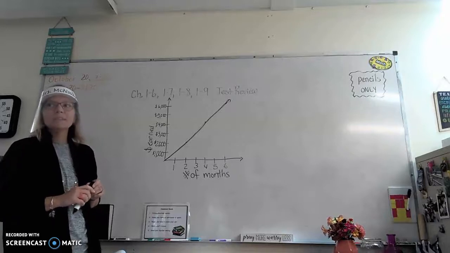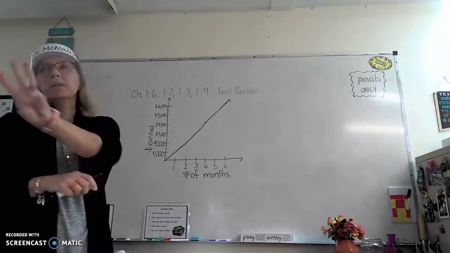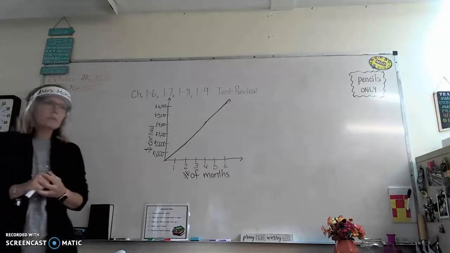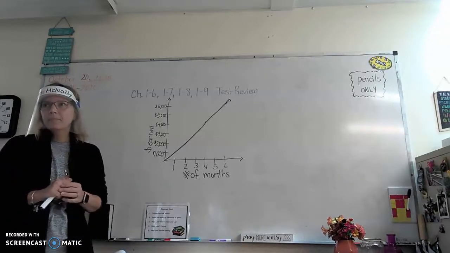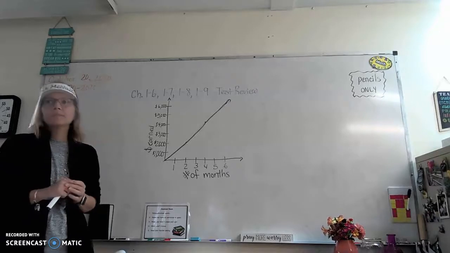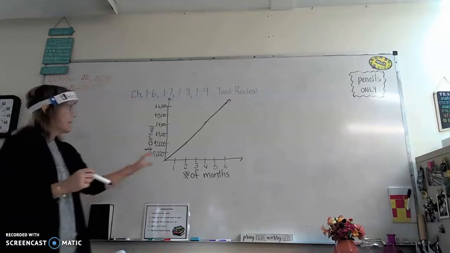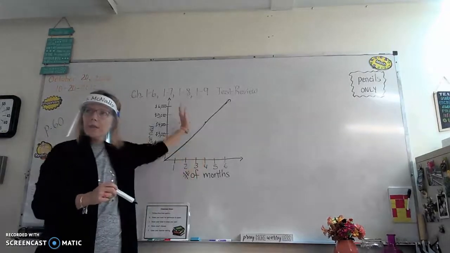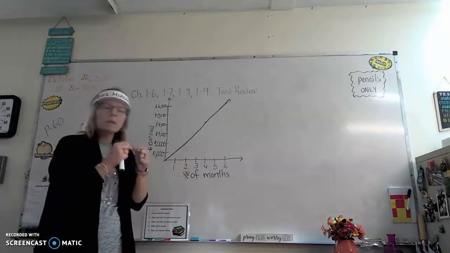Jim, how much? In 3 months? I know my graph isn't super easy to read. 3,000, yes. On the test, there's actually lines going across so you can match it up better and see exactly where the number lands.